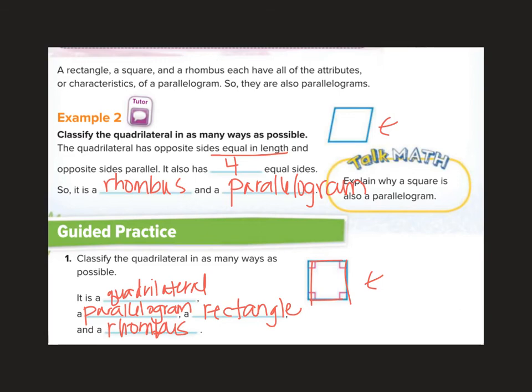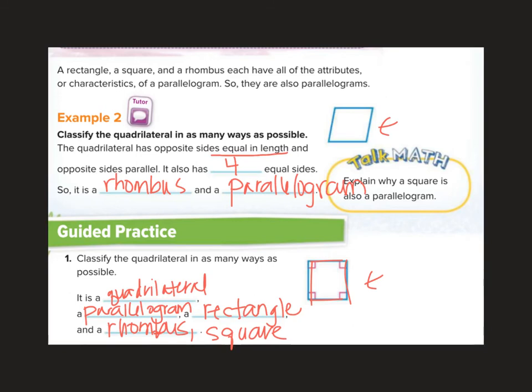I probably wasn't supposed to put quadrilateral on there. And lastly, it is a square because it has 4 equal sides, 4 90-degree angles, and 2 sets of opposite sides that are parallel. So this square is like the granddaddy master of all shapes. It's like everything. Okay?